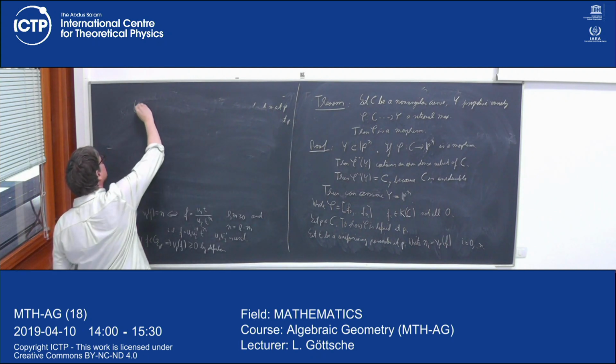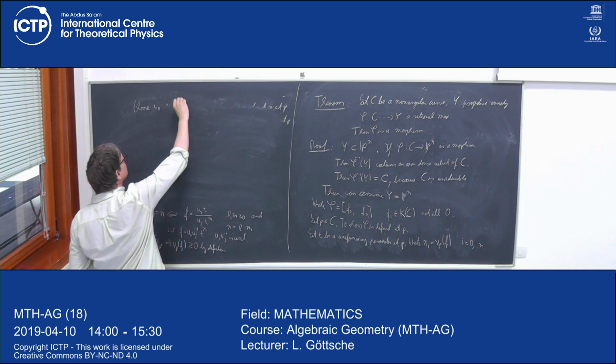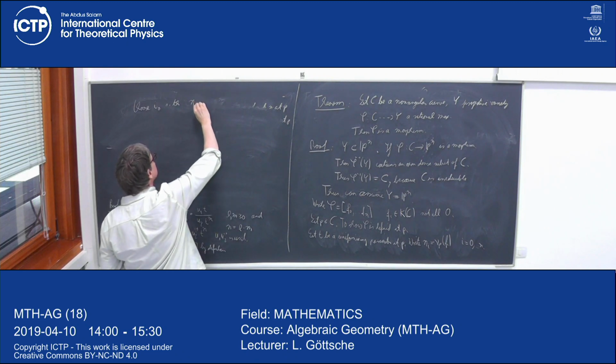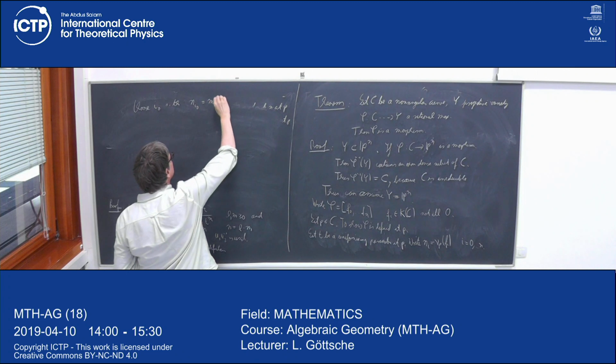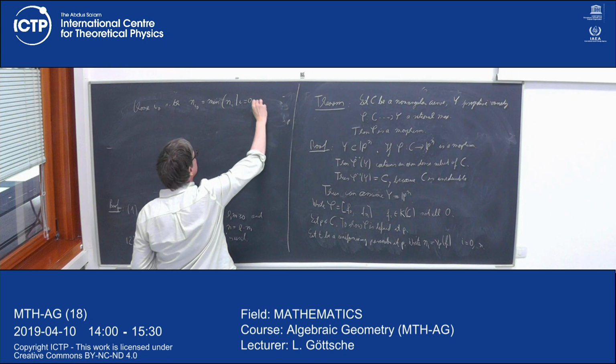Choose i0 such that ni0 is equal to the minimum of the ni for i equals 0 to n.